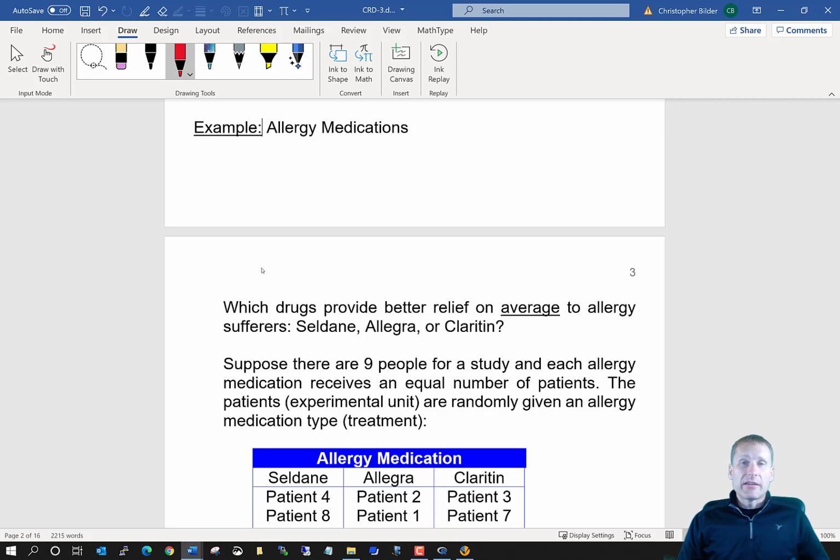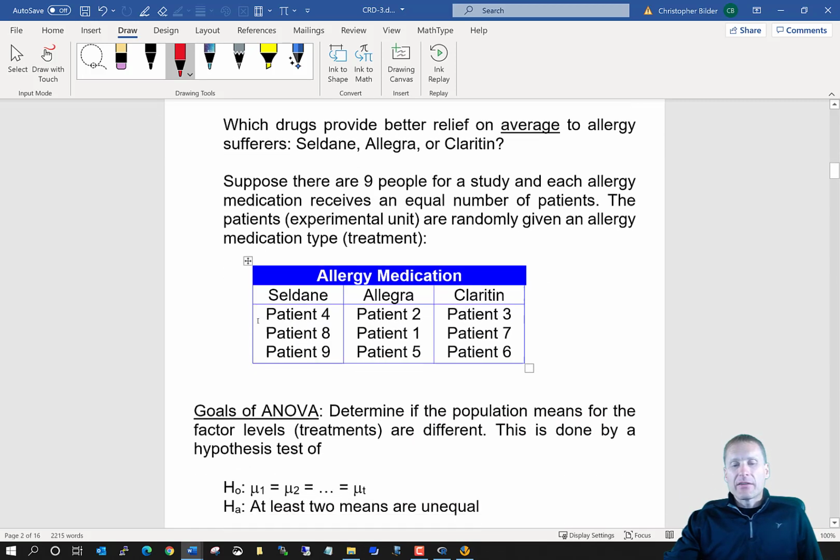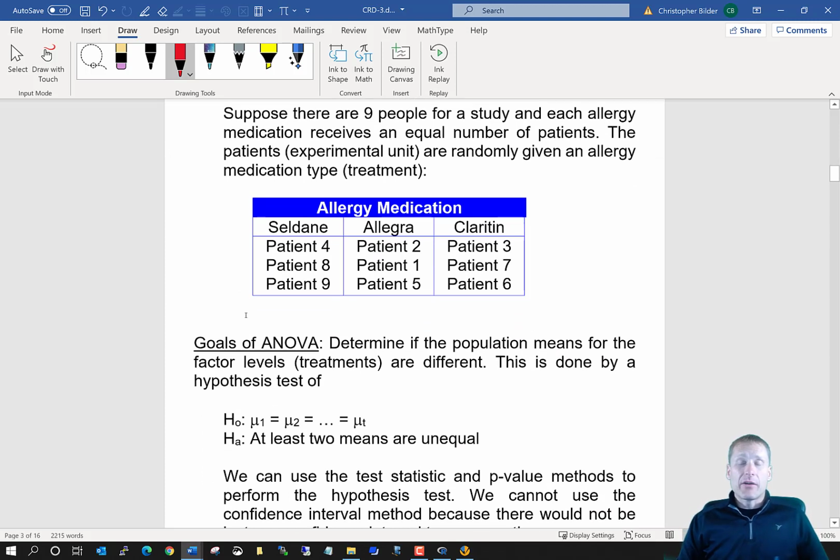They'll recruit patients that they can experiment on to determine which allergy medication is the best on average. To do this in a way that's not biased at all, they would assign individual patients to a particular allergy medication, which would be our factor levels. And so perhaps patient number 4, 8, and 9 each get Seldane.